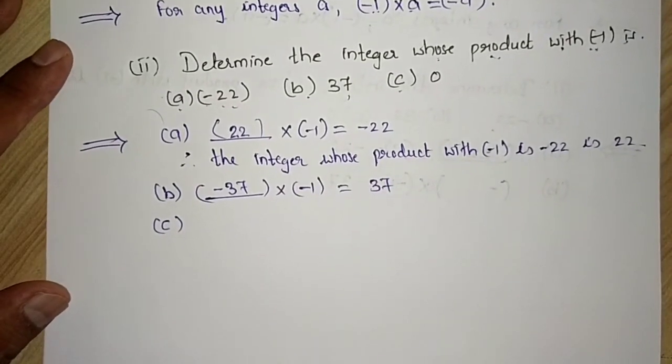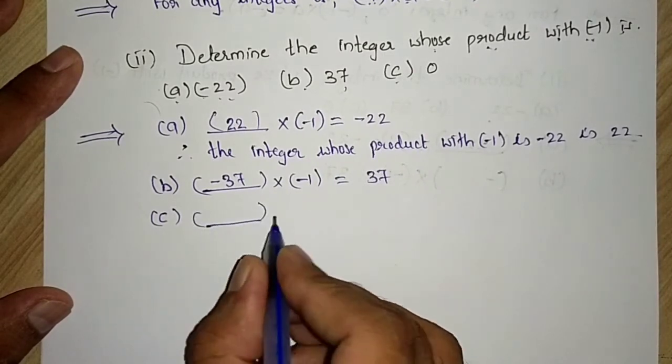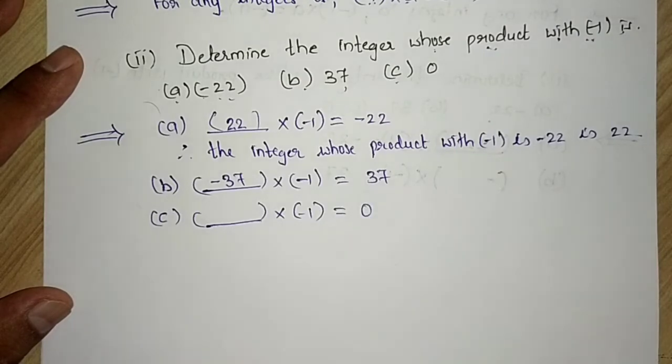Now let us move to the C portion, that is we have to give one integer whose product with minus 1 will give me 0. Students, you know, if you want the answer as 0, you should be multiplying any number with 0. Our answer will be 0 only.